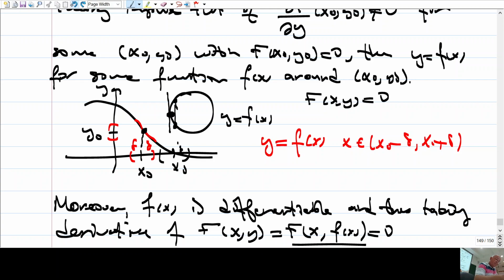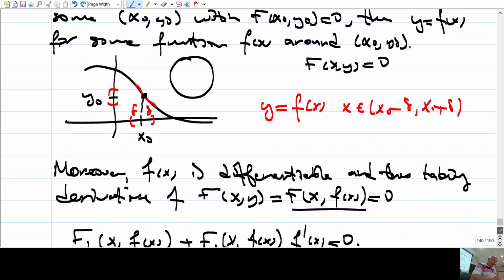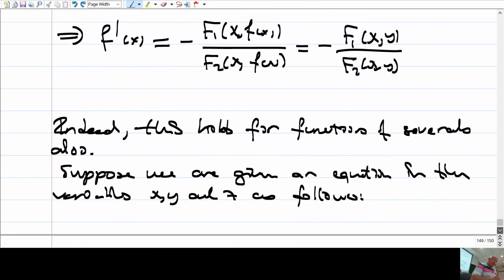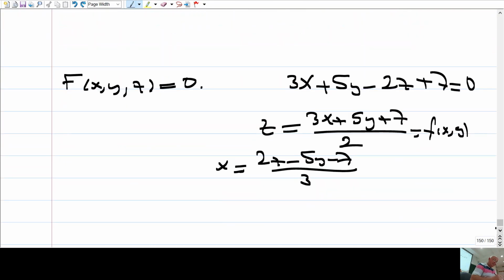So that's the problem. Okay. And the same thing holds here.